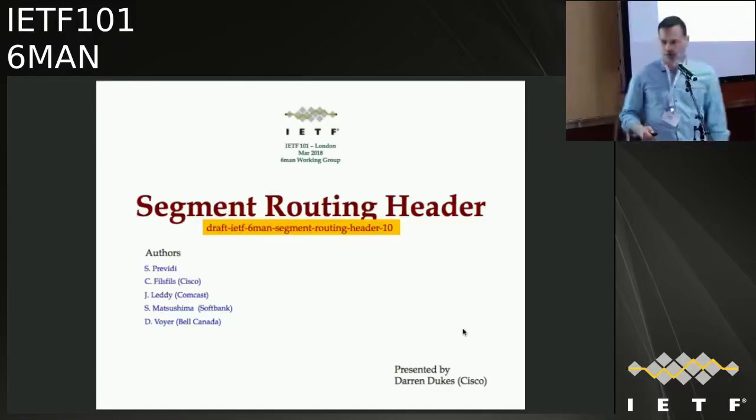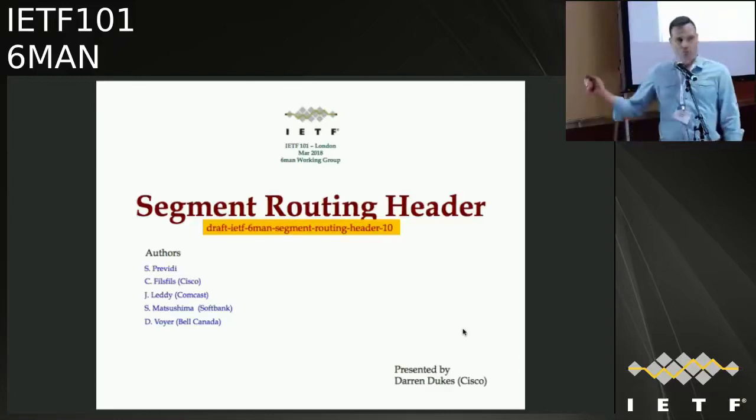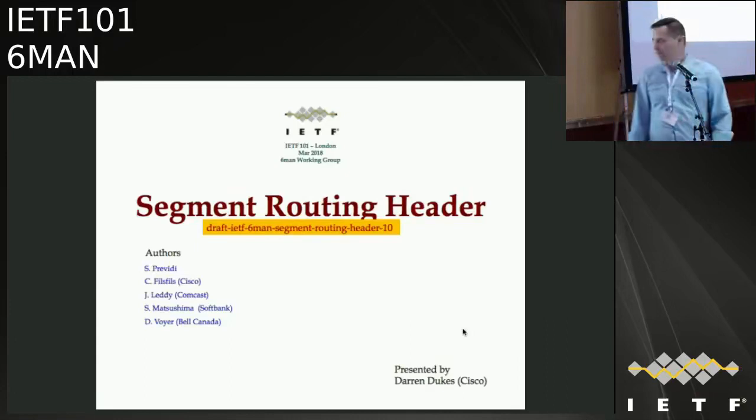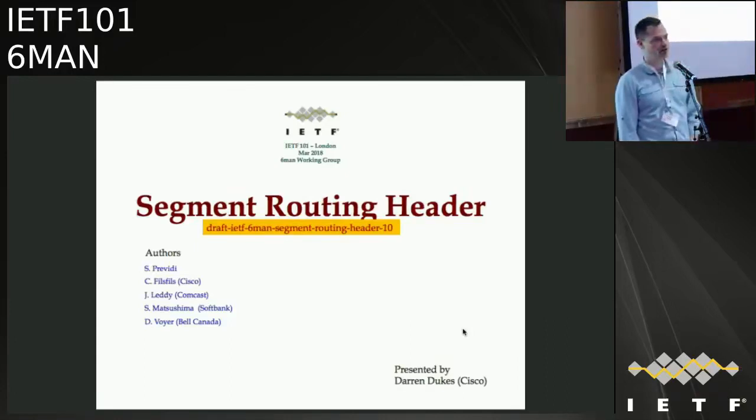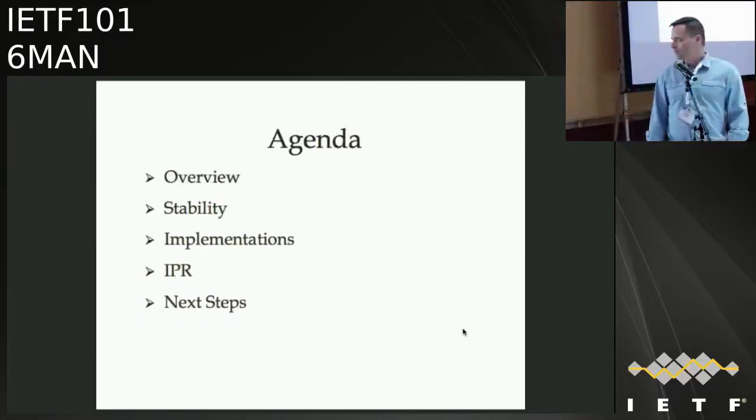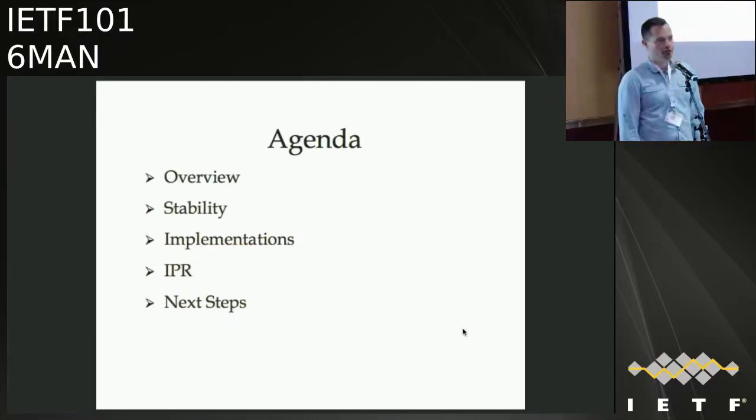All right, Darren Dukes from Cisco, and we'll be presenting segment routing headers. IETF 6man segment routing header version 10 is the latest version of that draft. We've got a fairly quick agenda to go through, and then open it up to questions and comments.